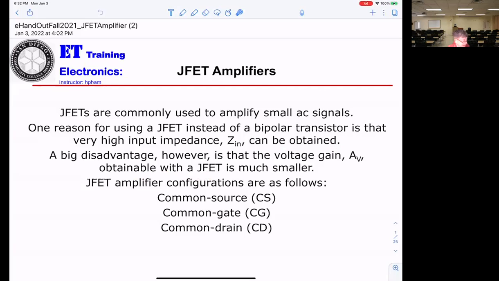And the same thing as bipolar: bipolar has three configurations, common emitter, common collector, common base. And the JFET does the same thing. They have common source, common gate, or common drain. You can see that it's very similar.